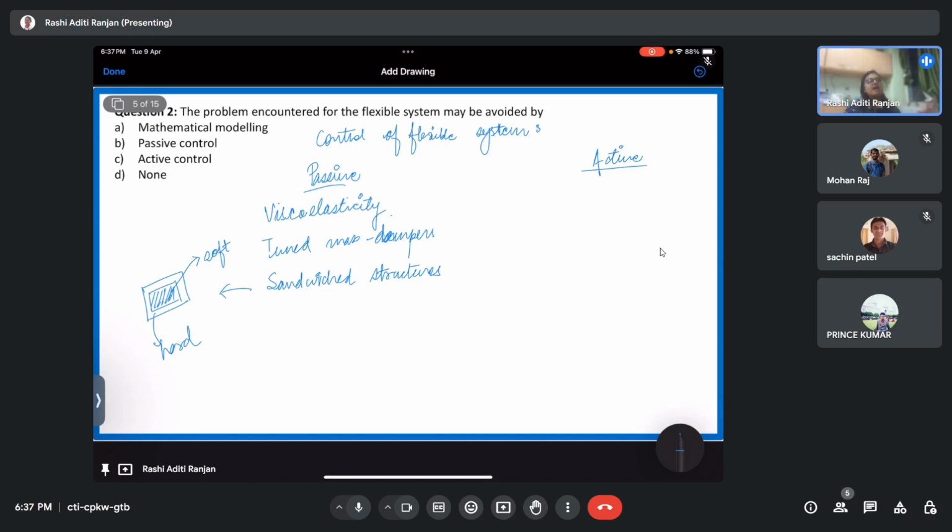Now, likewise, we can have some active control also. What do I mean by active control? By active control, I mean MR based elastomer. If you remember, I told you that MR based elastomer is basically a magnetorheological based elastomer.